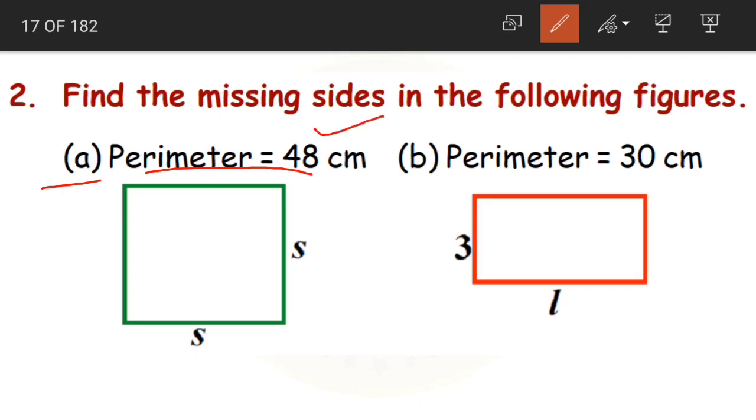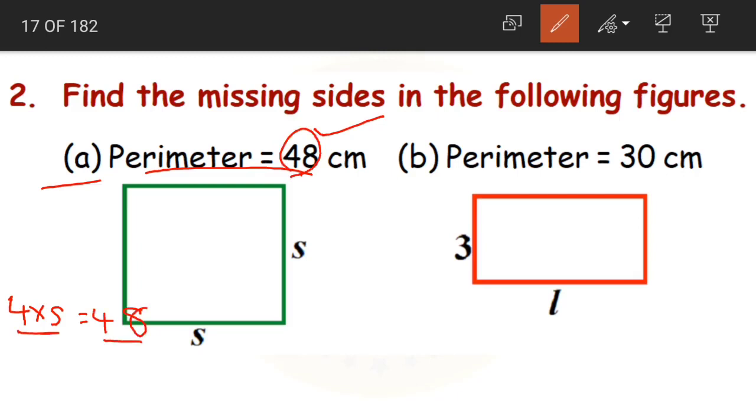And if you look at the figure given, it is a square. So what is the formula for perimeter of a square? 4 into S is our formula. And we already have the value of 4 into S. It is 48. 4 into S is 48.